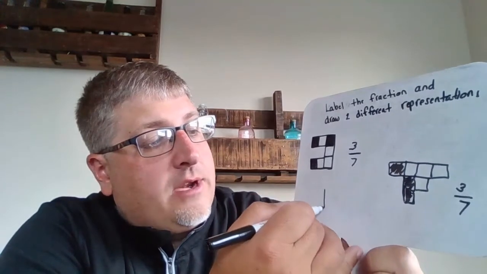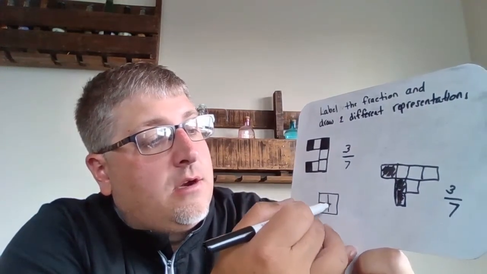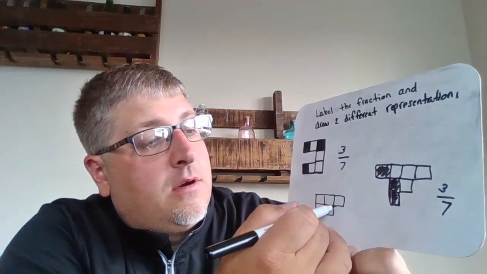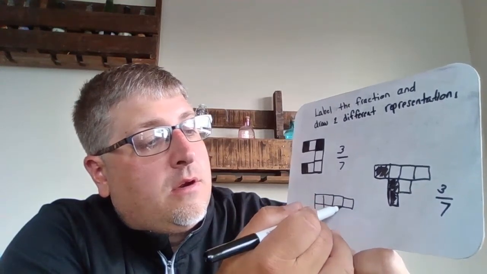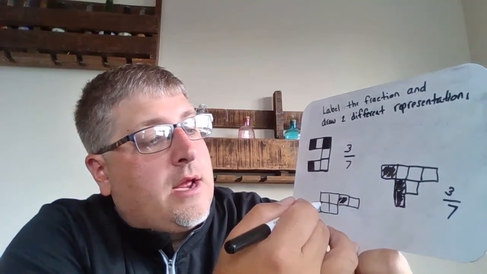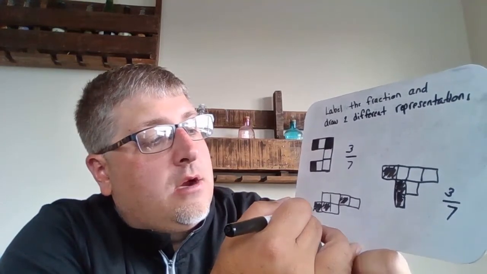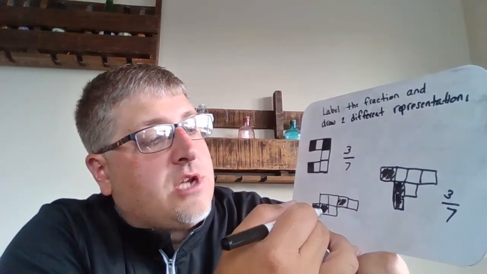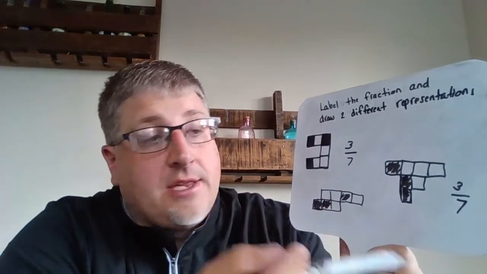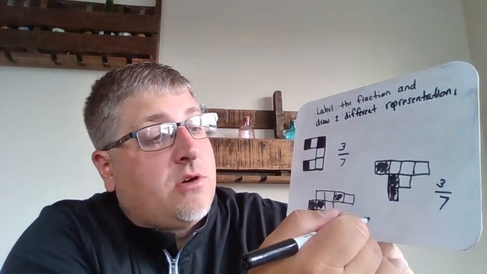Like I said, I can come over here and I can do the same thing here. Okay? And then I can shade anything in I want here. And then just double check it. All right, let's check the denominator. 1, 2, 3, 4, 5, 6, 7. The denominator is correct.